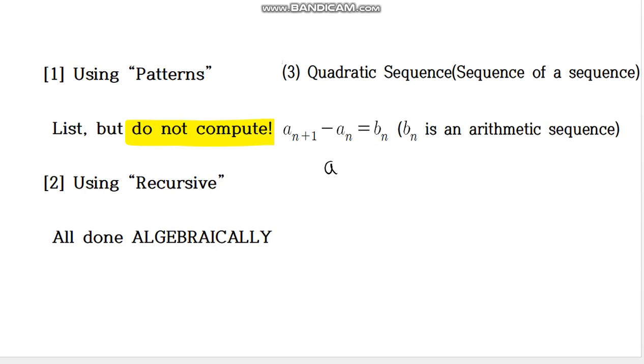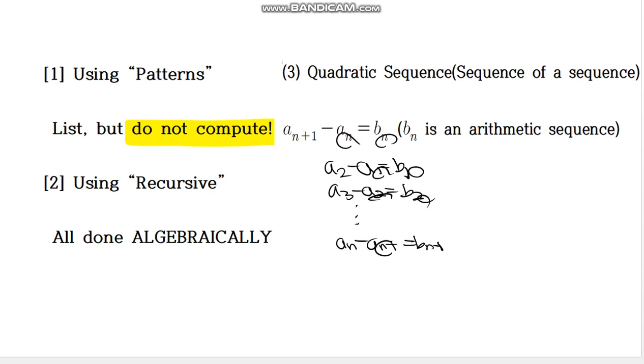Then A2 minus A1 is B1, right? And then A3 minus A2 is B2. Now you're adding all the way up to An minus 1, and this is Bn minus 1, right? Because this n and this n should be equal: 1, 1, 2, 2, n minus 1, n minus 1. Like we did in the case of arithmetic sequence, we are adding everything here. Then as you see, A2 goes away, and A3 cancels out, and the An minus 1 cancels out.